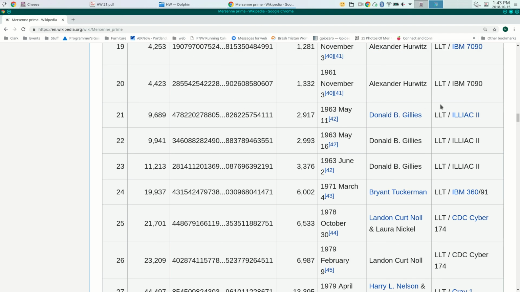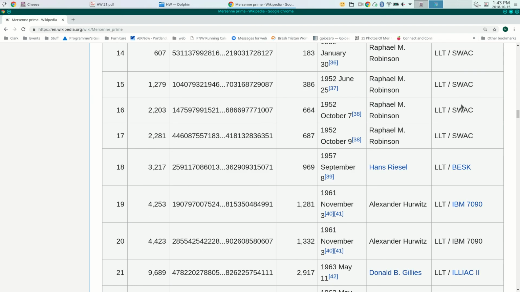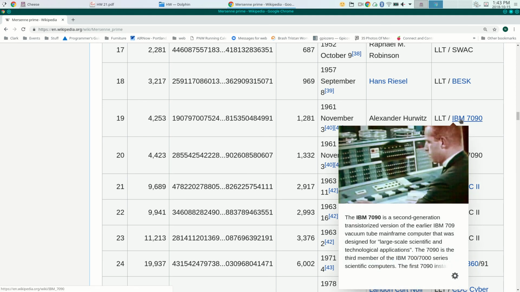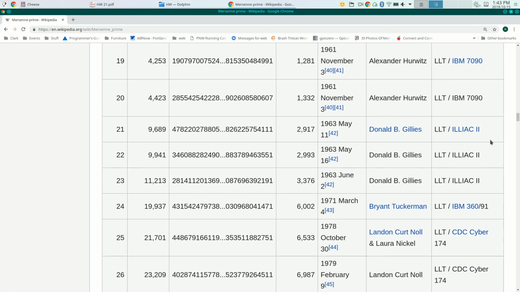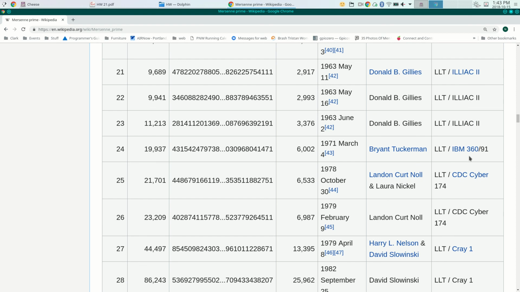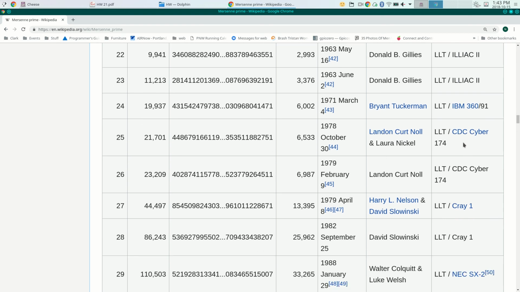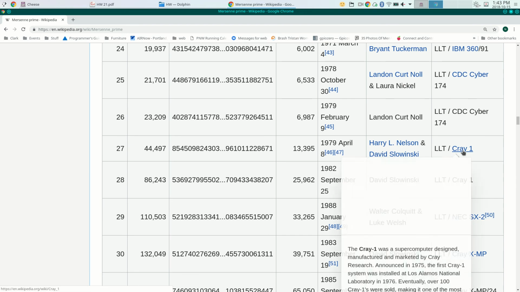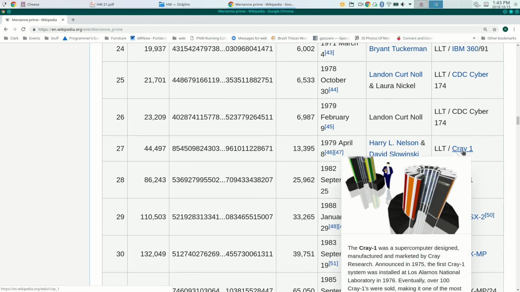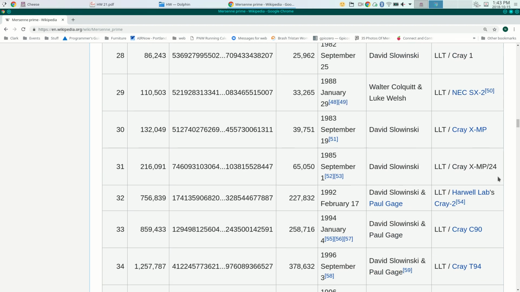And they start showing which computers were used, right? So old IBM, Big Metal, ILLIAC, 360, which was like the most famous mainframe computer, Control Data Corporation, Cyber Computers, Cray Corporation, which makes these awesome machines that have like benches attached to them and they have Freon inside, so they glow blue, beautiful machines.